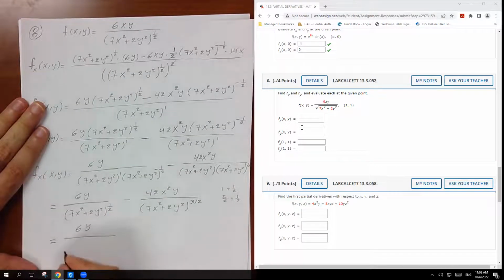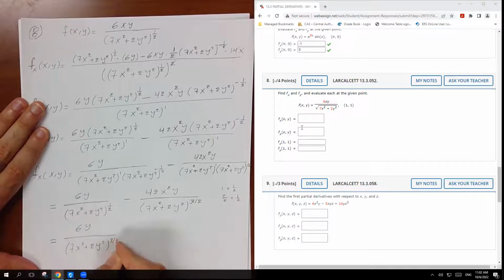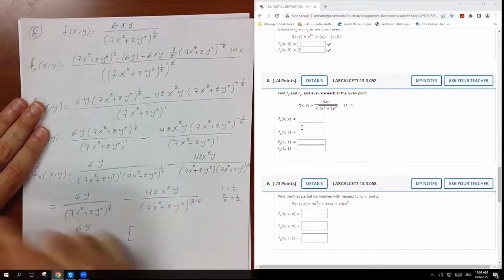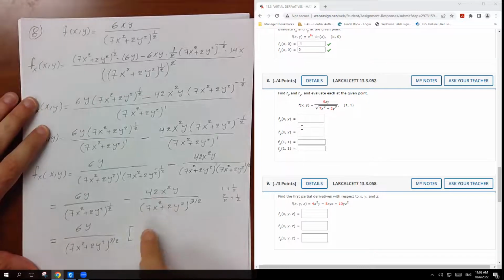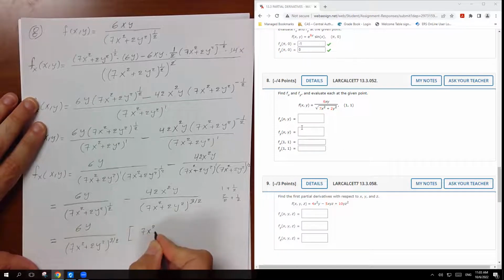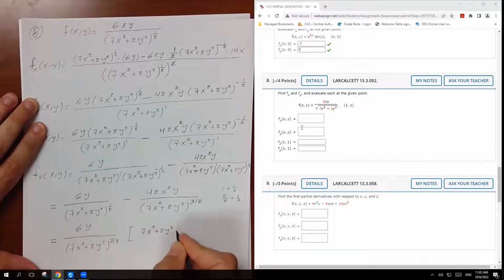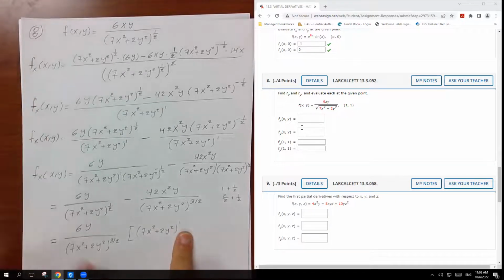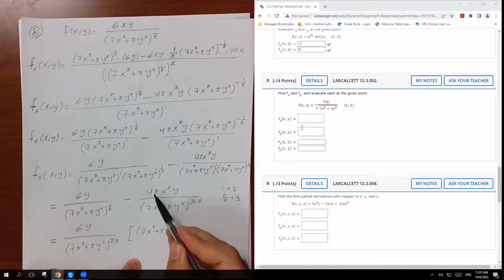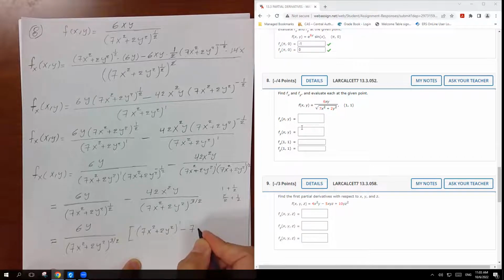Okay, so we can factor out 7x squared plus 2y squared to the 3 over 2, and what's left from the top is 7x squared plus 2y squared to the 1. And from this side, what's left is minus 7x squared, because we took the y out.